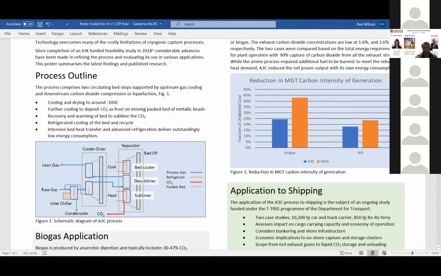The process outline on the left here shows quite crudely what our process is about. At heart, there is in the separator stage a circulating bed of chilled metal beads that are used to freeze the carbon dioxide out of a pre-cooled gas mixture.